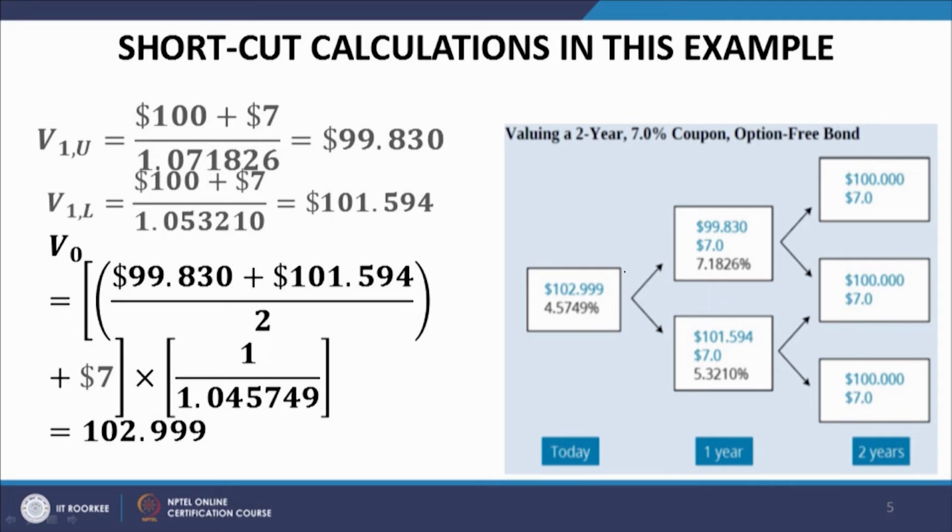Because we find that the three values that are occurring at t equal to 2 that are to be discounted are identical in all the three cases, and the interest rates, if you look at them carefully, corresponding to this path and this path, turn out to be the same, and similarly the interest rate corresponding to this path and this path also turns out to be the same, and therefore, instead of taking averages, we can take one value as the appropriate valuation of the bond at the upper node and the lower node respectively, as shown in this diagram.